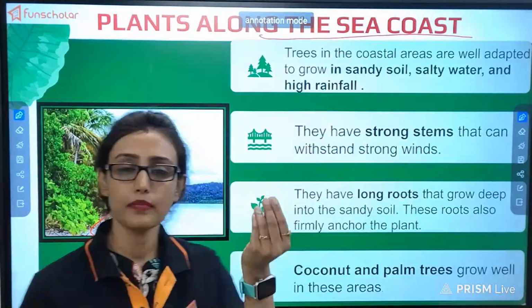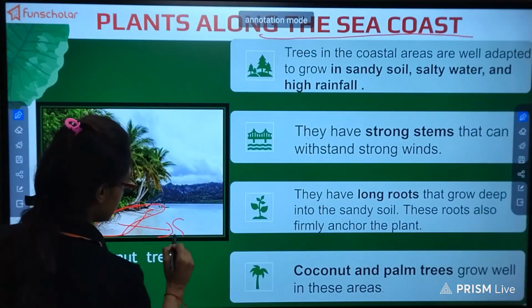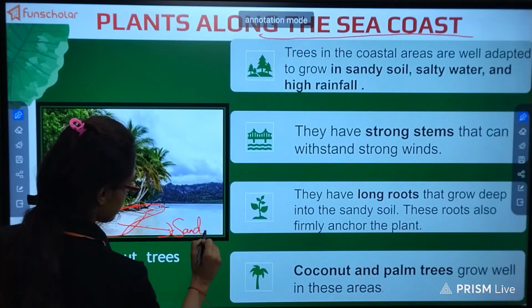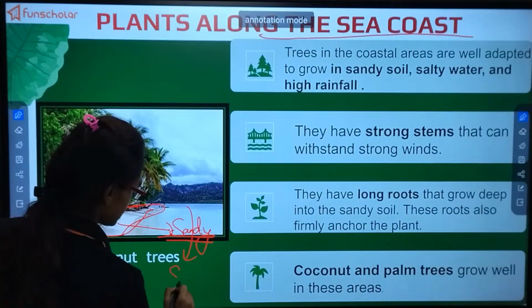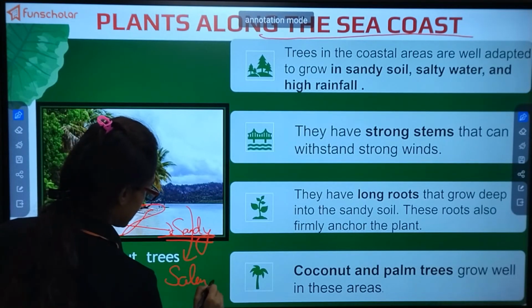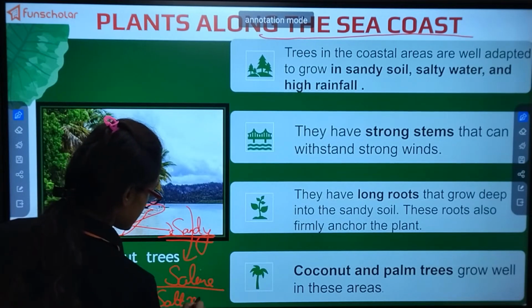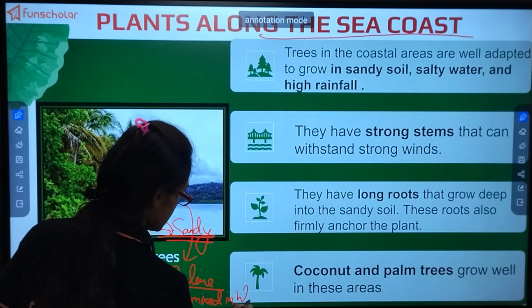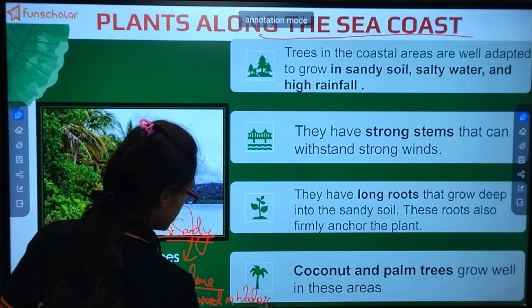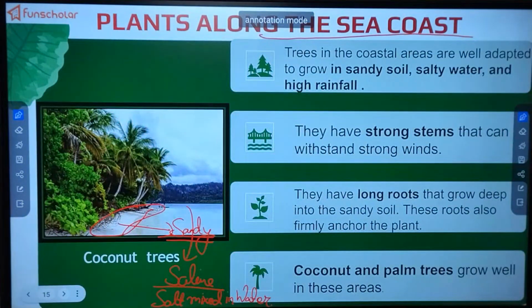No, it is very much sandy in nature. And the water over here is saline. Saline means salt mixed in water. See, I am explaining all the terminologies so that it is easy for you to understand.